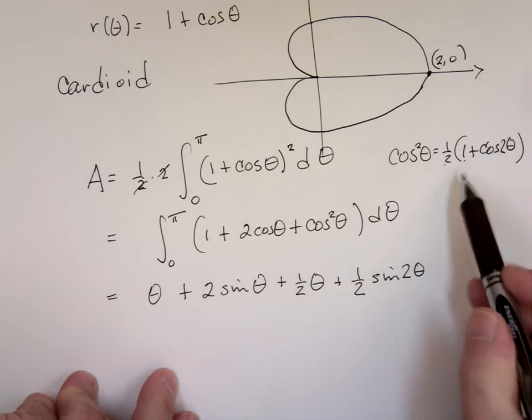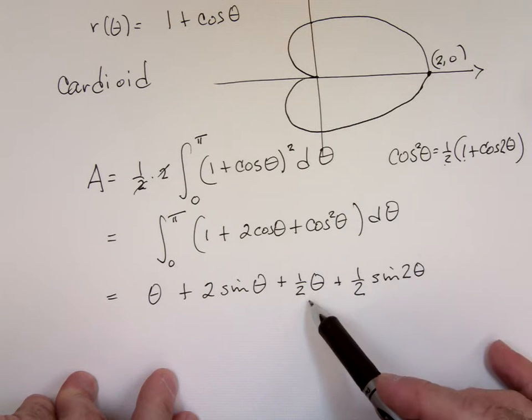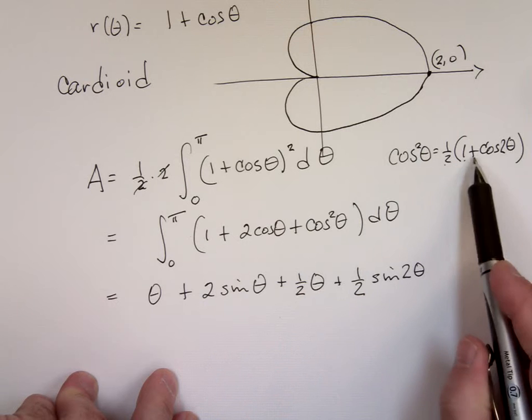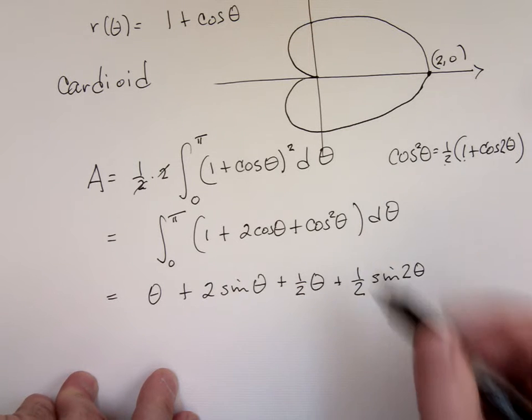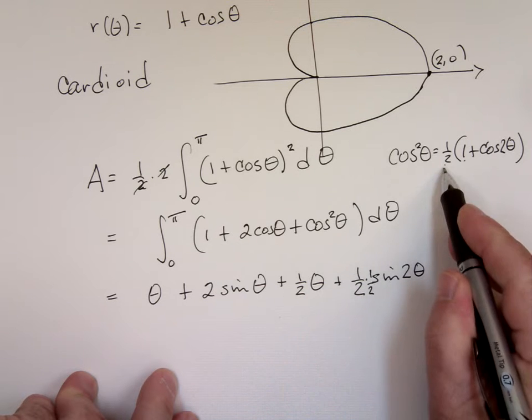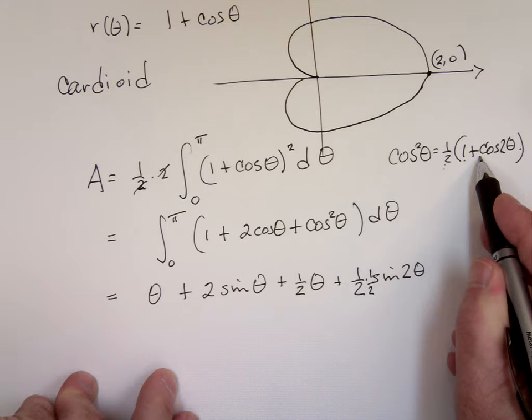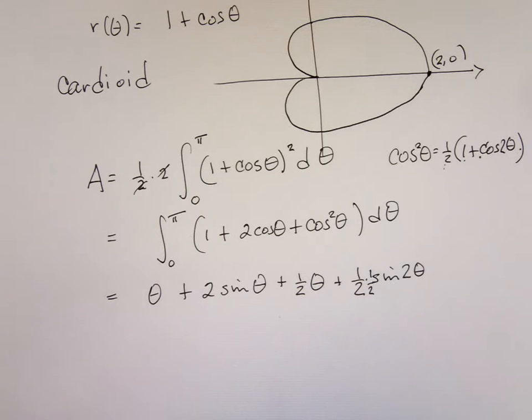I have this 1/2, and I need another one because I have to multiply by 2 and by 1/2 again to get the du. Is everybody okay with that?